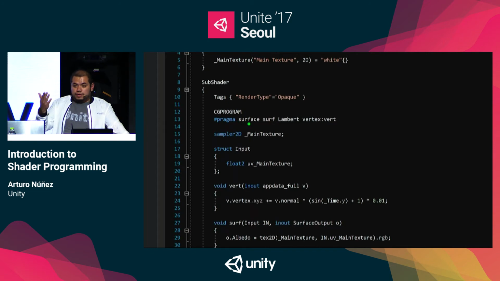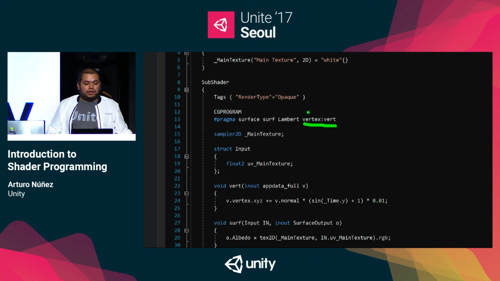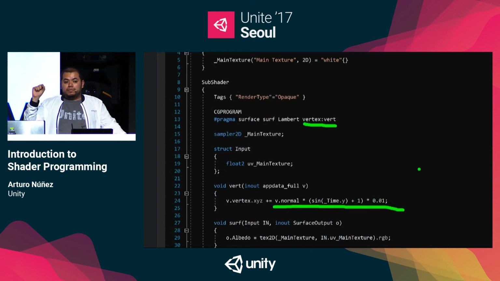Remember, we defined a surface function and the lighting model, but I also told Unity I want to actually do stuff on the vertex program, so I'm going to define my own vertex function. When we're using surface functions, you will use vertex:vert. And in the vertex function that I just defined, I'm doing some computation to animate the vertices of Adam's face based on the normals, right?